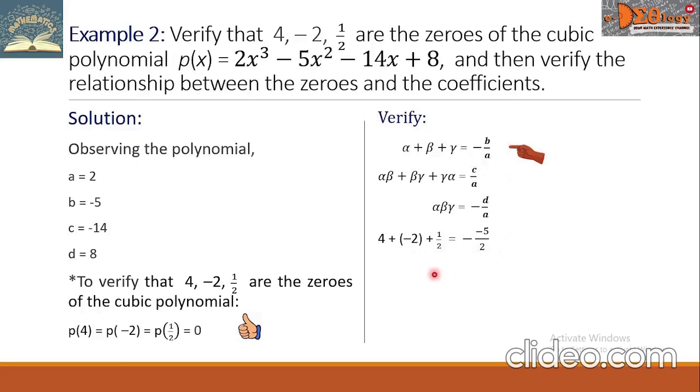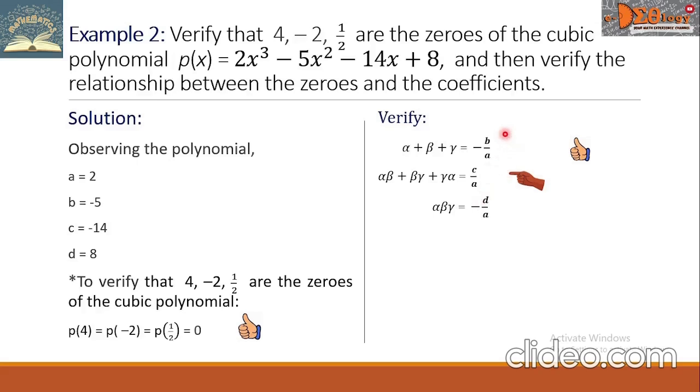We simplify, the left side becomes 4 and negative 2 here becomes positive 2 plus 1/2. Is it equal to positive 5 over 2? The sum 2 and 1/2 will give 5 over 2. That is equal to the right side. Therefore, we're able to verify the first relationship.